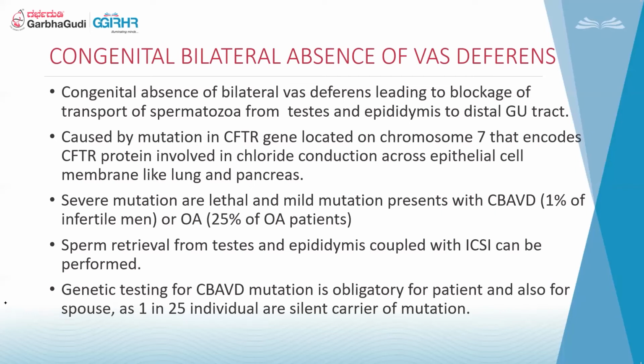It is caused by mutation in the cystic fibrosis transmembrane regulatory gene located on chromosome 7 that encodes the CFTR protein involved in chloride conduction across epithelial cells, present in the lungs and the pancreas. Severe mutations are lethal, and mild mutations present with CBAVD, in 1% of infertile men. However, the prevalence varies.